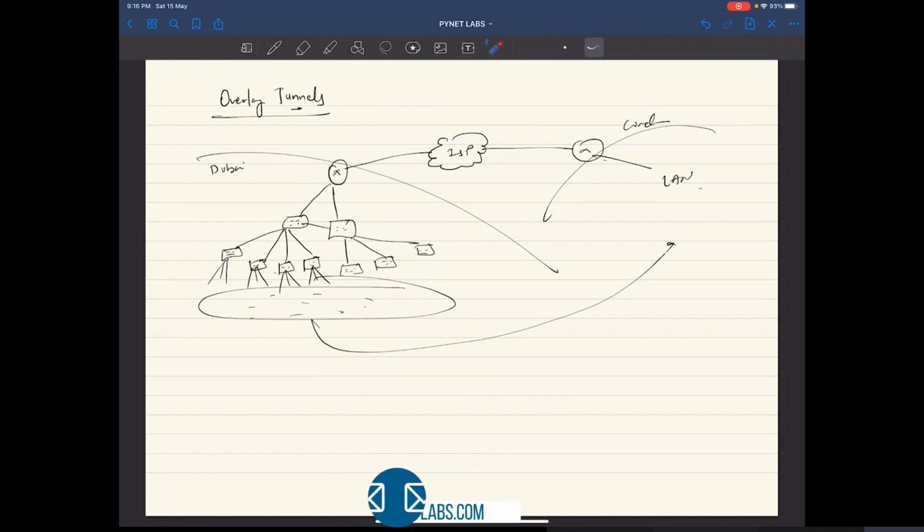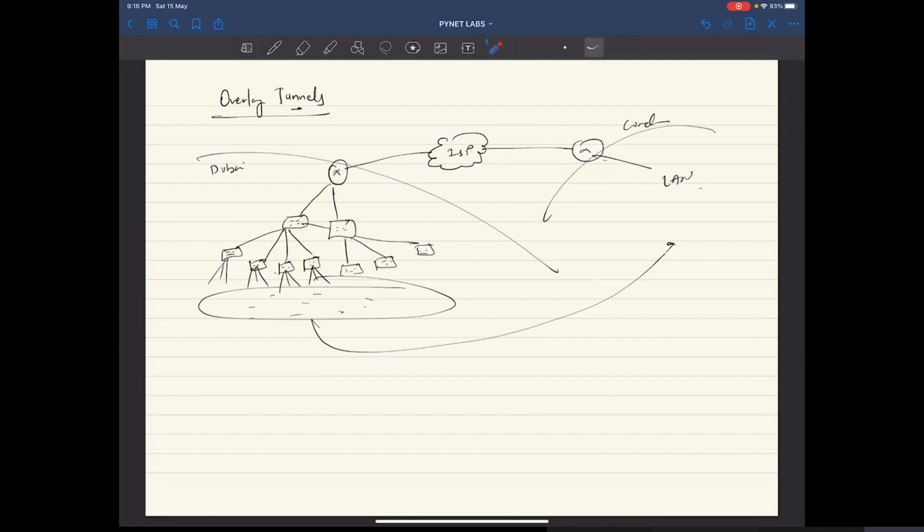But the concern comes into play when you think about it from the security point of view. If your data is actually traveling on this public infrastructure, the data cannot be said to be secure because your data is going to go through a lot of underlay devices. And if the source IP and destination IP are exposed, then the information about that particular traffic and even the data can be utilized to do bad things.